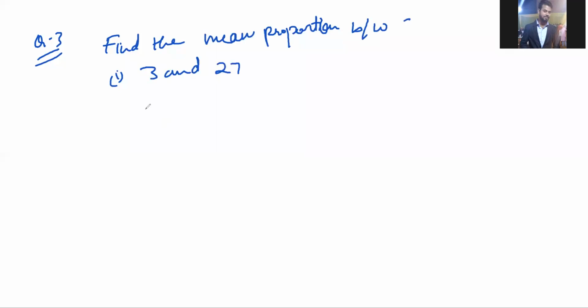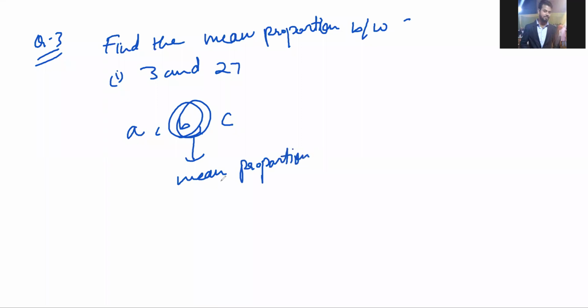Beta, I have told you what is mean proportion and what is extremes. Okay, mean term I have told you. I have told you that if A, B, and C, 3 numbers are in proportion, then the middle term is called mean proportion.